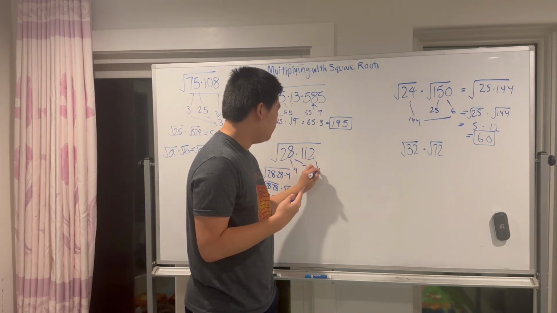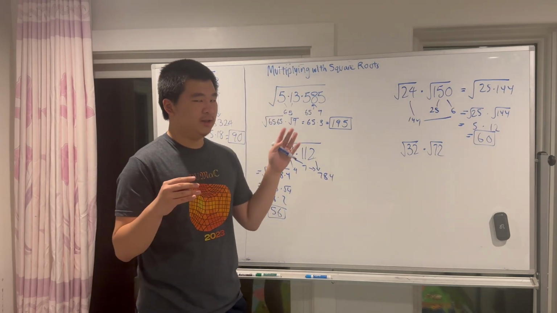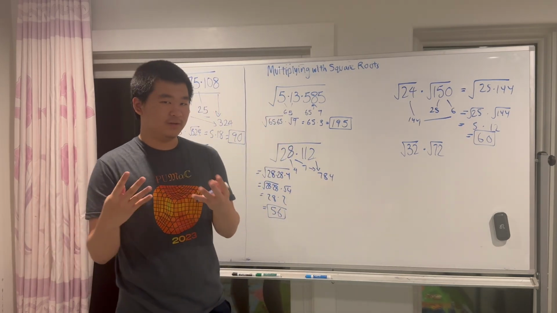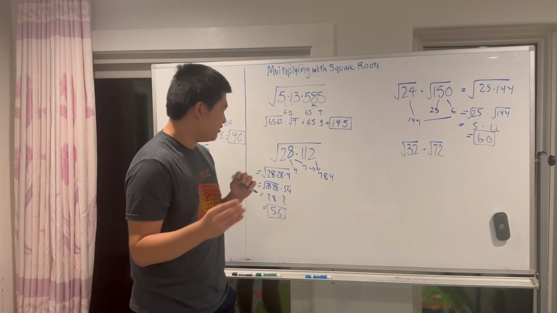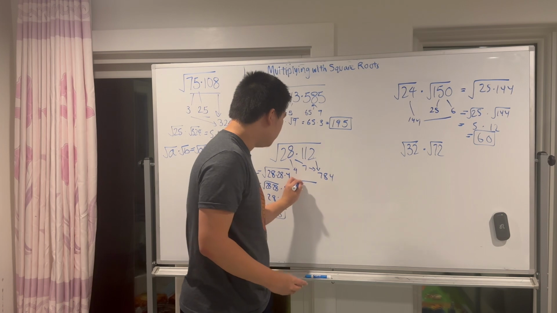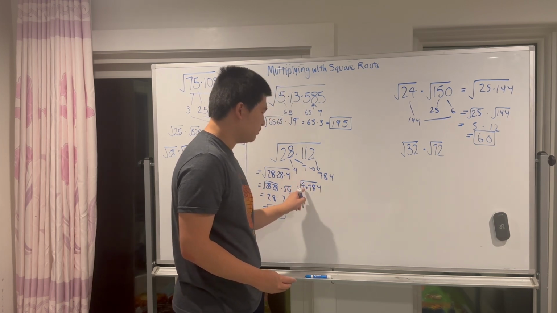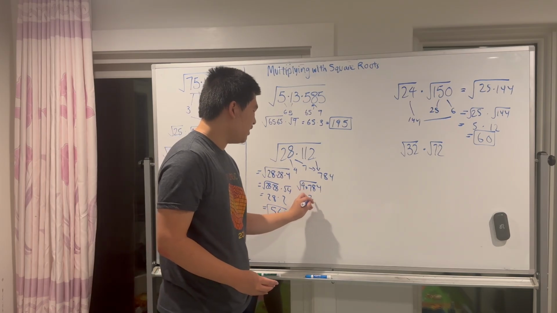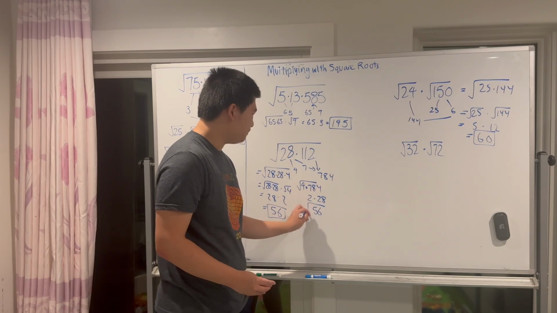They give you 784. And if you've memorized your squares up to approximately 35 or 40, like I recommend, hopefully you have, you'll recognize that this is 28 squared. So it's 2 times 28, which is 56, once again.